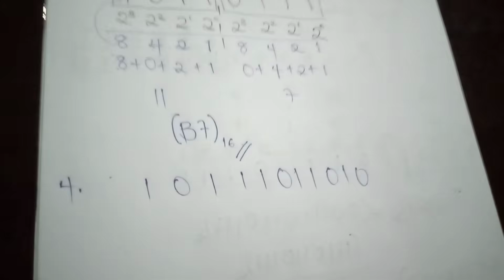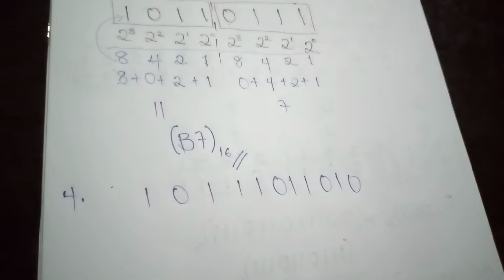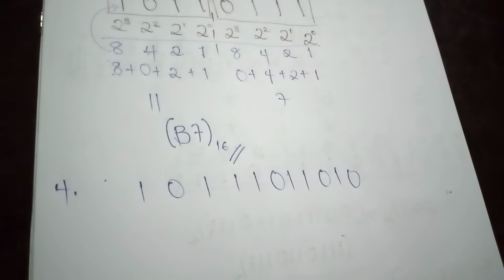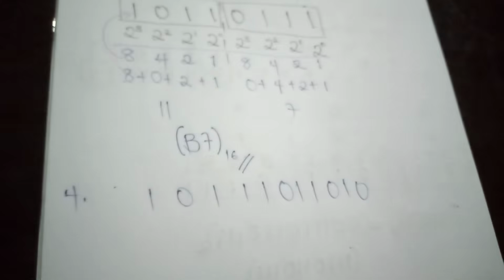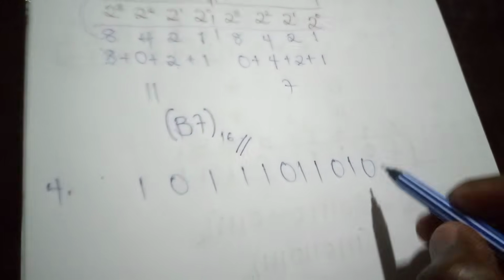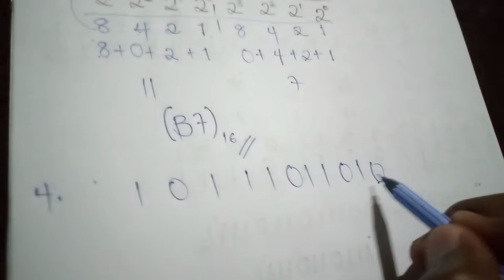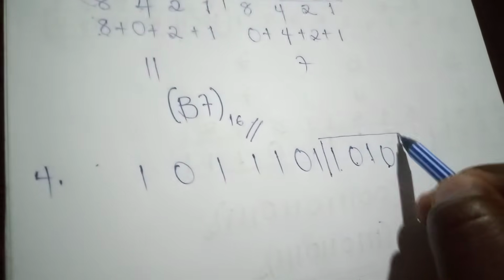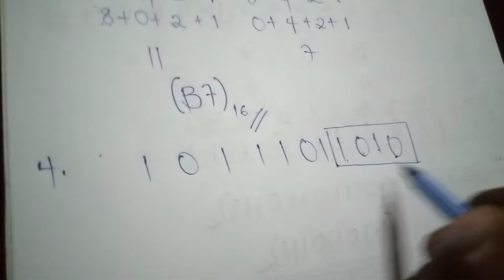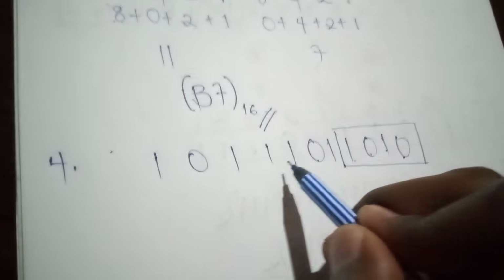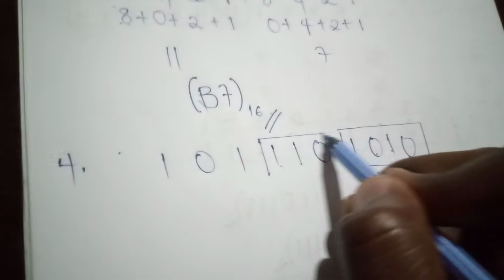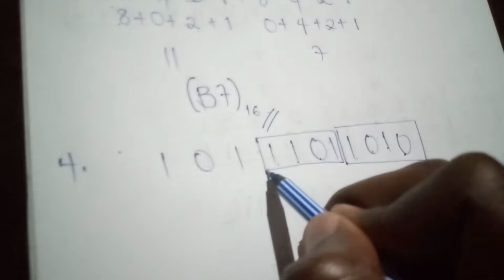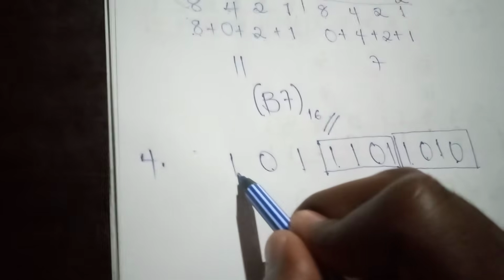First step, you're going to separate them into groups of 4. You start counting 1, 2, 3, 4. This is one group. Then 1, 2, 3, 4, another group of 4. Then 1, 2, 3.